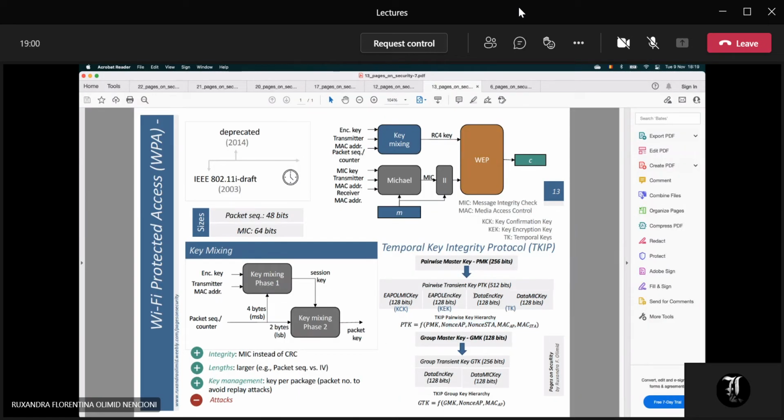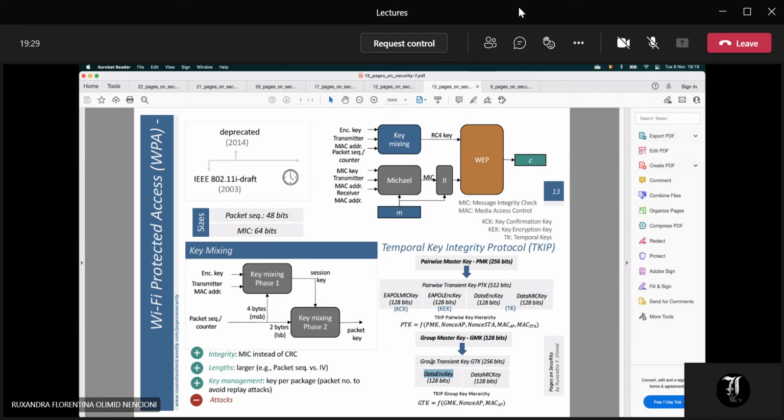If I think about the data, and not even the EAPOL that is higher, there can be these encryption keys here, the ones I'm encrypting the data with. So it's a part of the PTK. Or there can be these encryption keys that are a part of the GTK. They are also used for encryption.